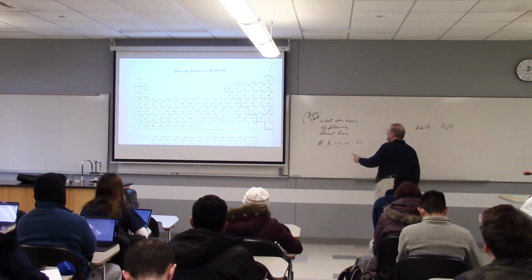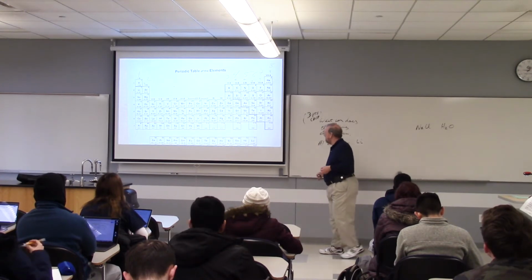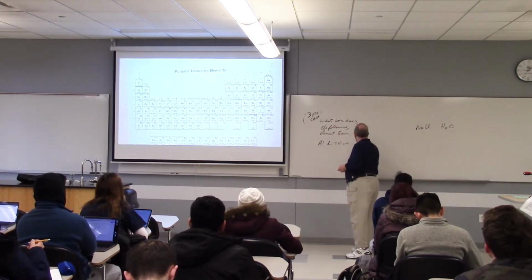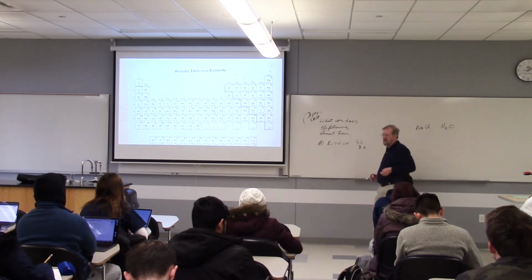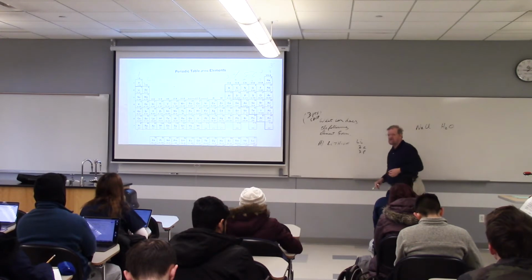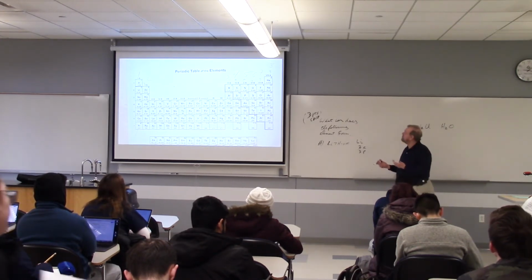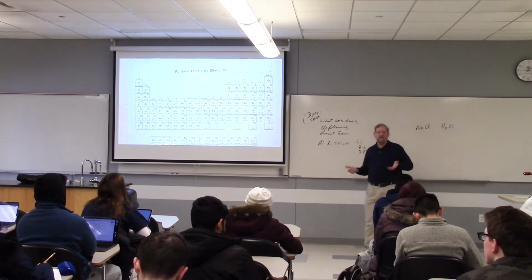Now lithium has an atomic number in the upper corner that you should know, which is 3, and that tells you how many electrons it has. It also tells you how many protons it has. And it wants to have an octet. Now it turns out helium is the one exception.